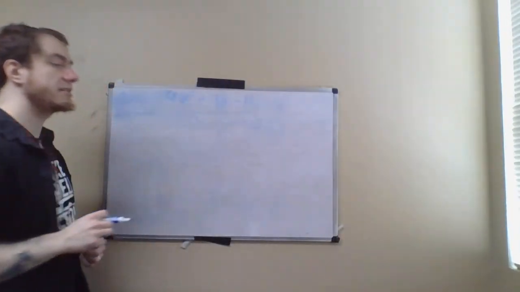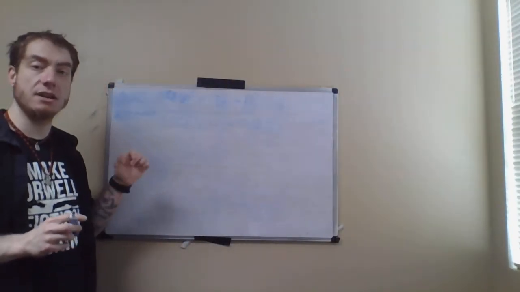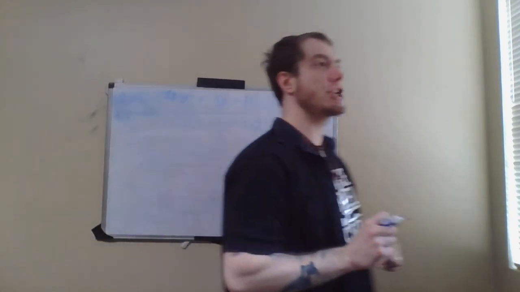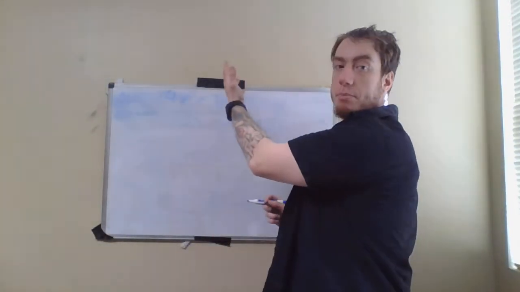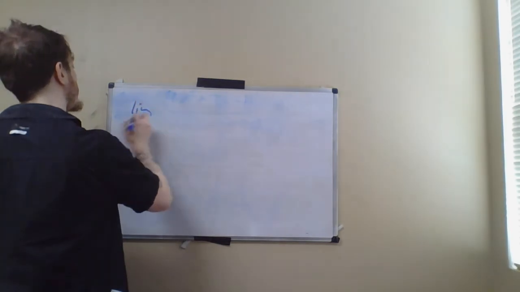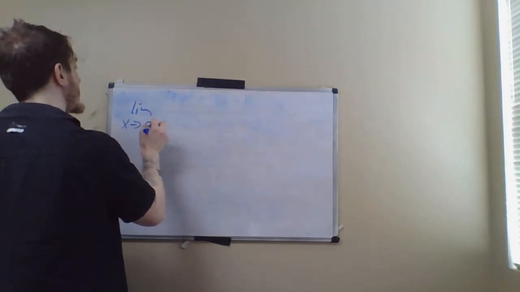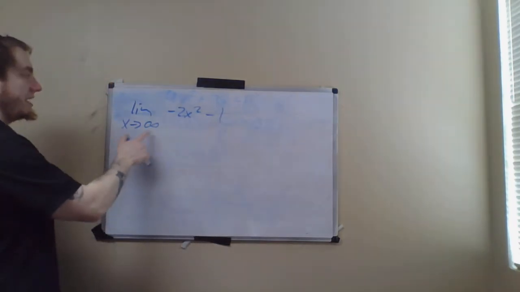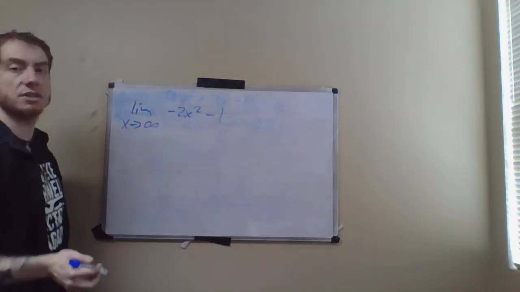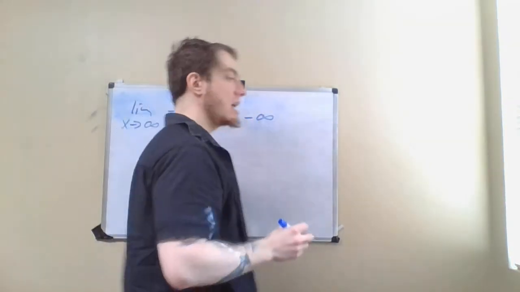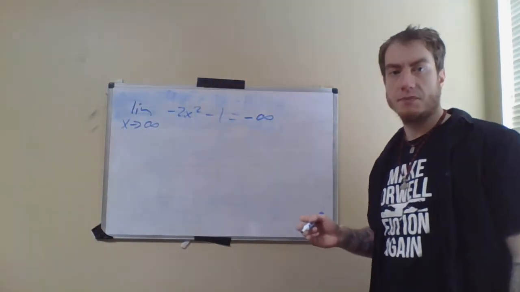And infinite limits at infinity, or negative infinity, this just means that as we go off towards one side, the function is going up without ever stopping or going down without ever stopping. So as an example of this, if I do the limit as x approaches infinity of negative 2x squared minus 1, well, as x gets bigger and bigger, this continues to get more and more negative, and so this is going to be negative infinity.